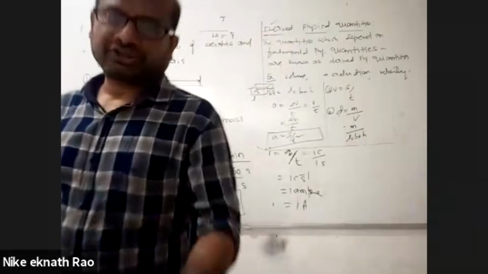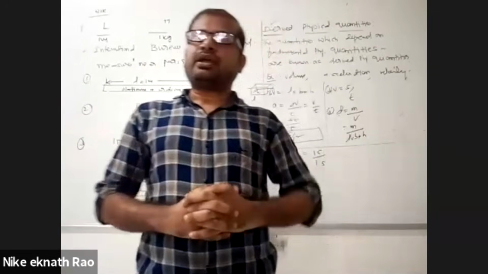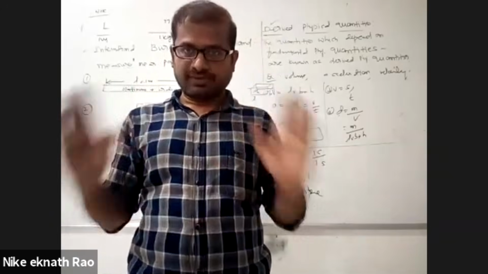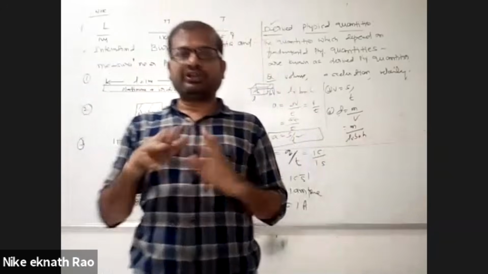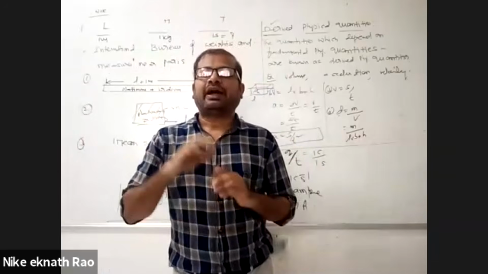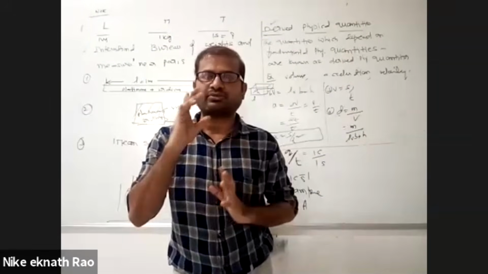Today's discussion is mainly about measurement: the process of comparison of an unknown quantity with a known standard quantity is called measurement. The standard quantity is called a unit. You have defined 3 systems of units, and later the scientific community defined one system called the SI system.